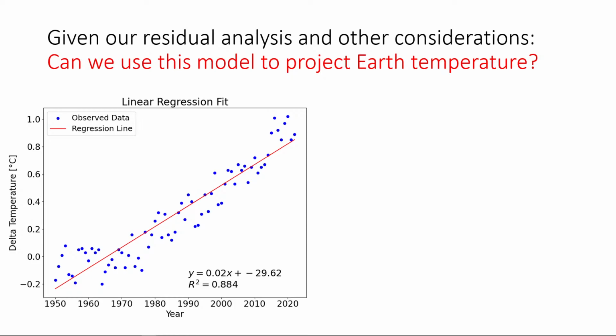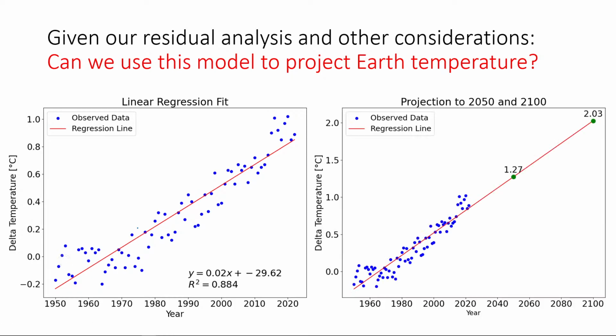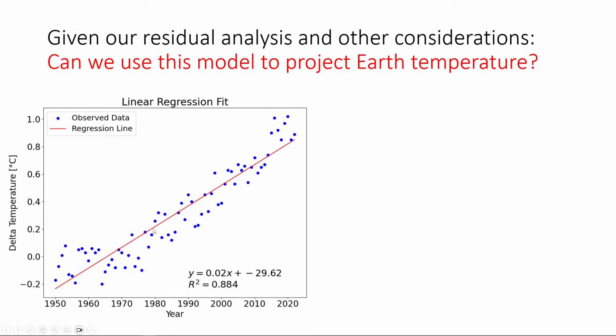Even though some of our assumptions are not satisfied perfectly, we can still use this to answer our question, because we see here a clear trend. Even though there might be some non-linearity and this might not be the perfect line to fit, there is a clear trend.